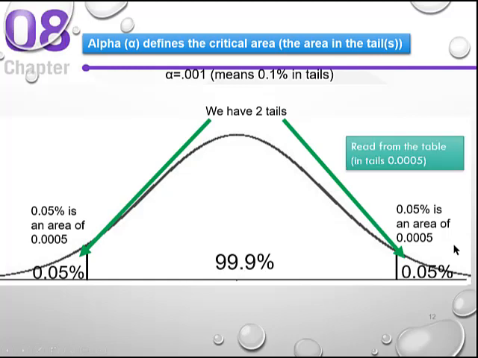And if you look at the table again, you can see that this now corresponds to Z-scores of negative and positive 3.30. So every time we're talking about an alpha of 0.001 with a two-tailed test, we know we need to use the Z-scores of negative and positive 3.30, because that means the critical area is now set to a proportion of 0.0005.